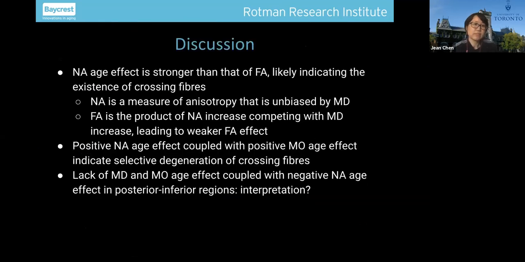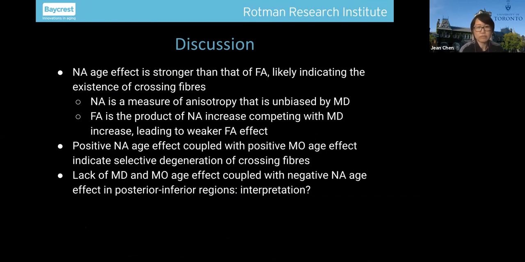So to quickly summarize that part, we found that the norm of anisotropy, in terms of its age effects, the effects are stronger than those of FA, likely indicating that when we have crossing fibers, NA is really the proper, the more appropriate measure to use.